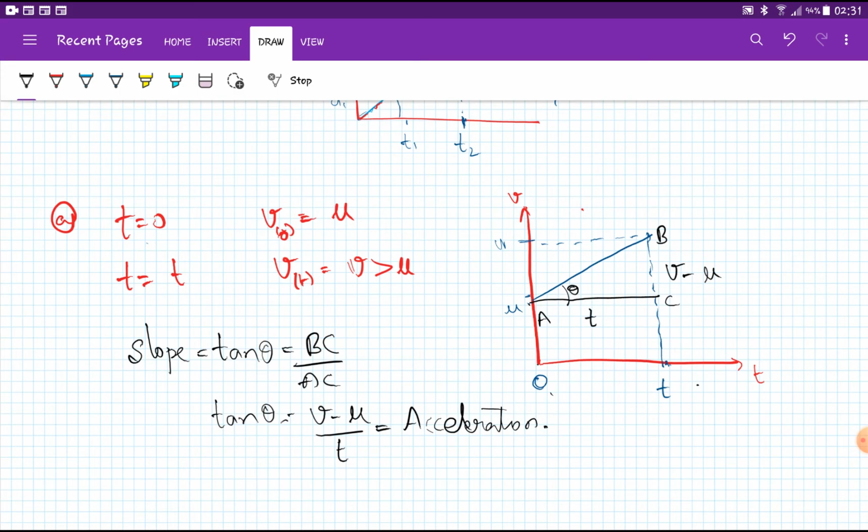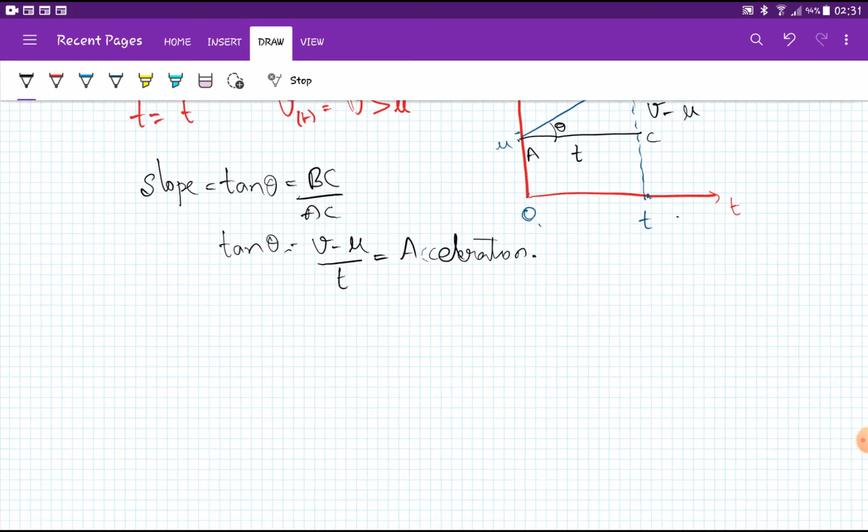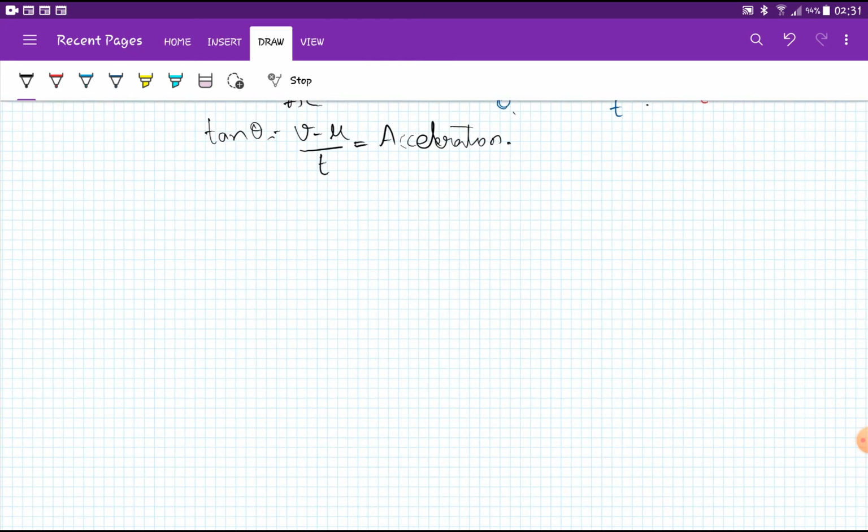Okay, now let's see some numerical problem here. We'll draw one more graph. This is given as 20, and this you can write as 40.